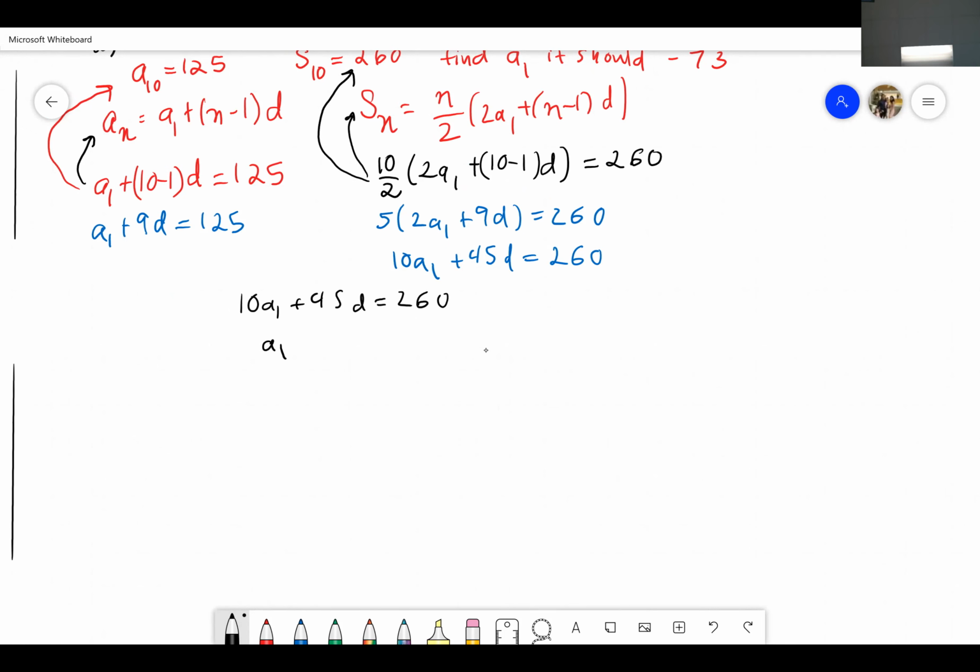Then we have a_1 plus 9d equals 125. That's our system. You could do substitution, you could do elimination. Let's do elimination. I think it's safer to do elimination.